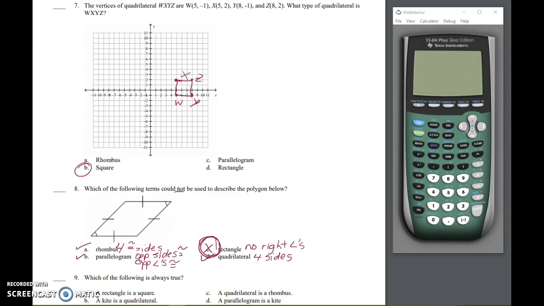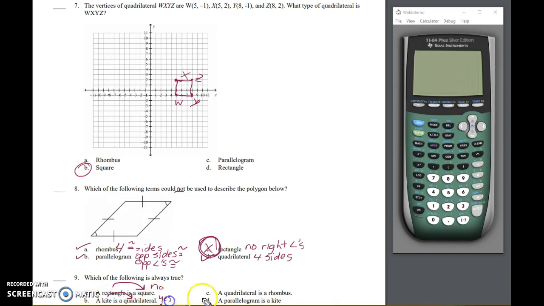Number 9, which of the following is always true? A rectangle is a square. Okay, so if I take a rectangle, is it always a square? And the answer is no. If I take a kite, is it always a quadrilateral?